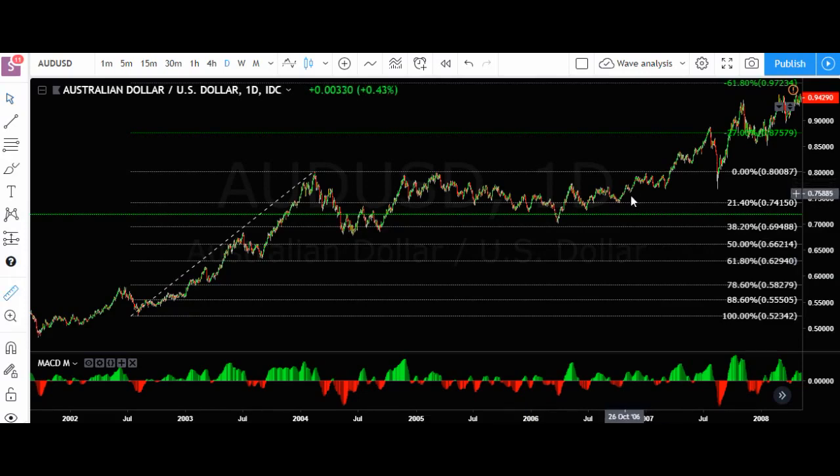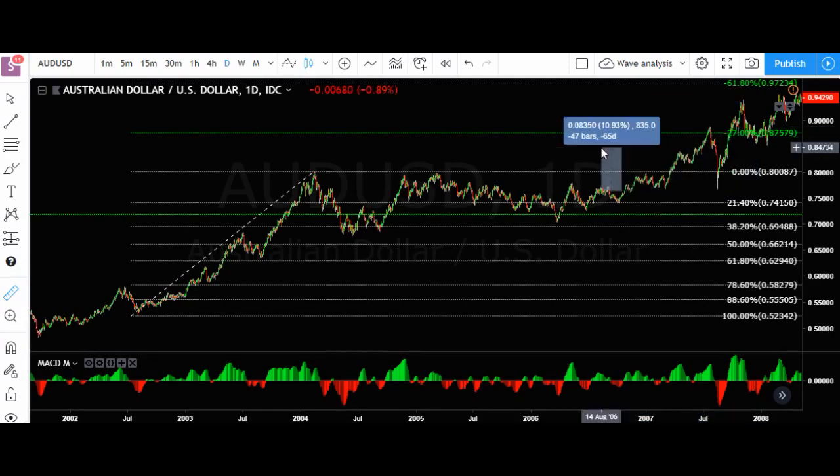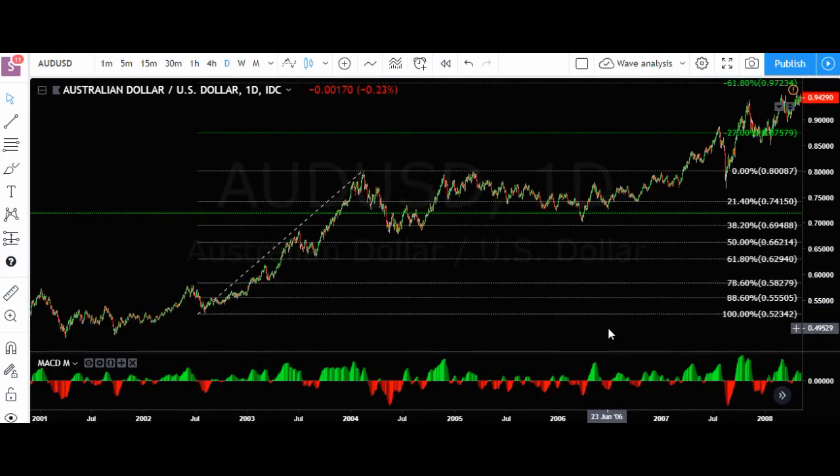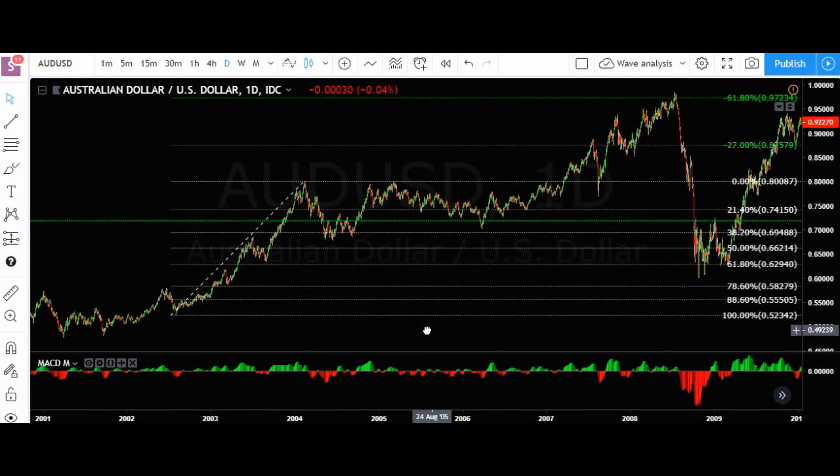So let's just see how many pips that was. I mean, I said we could have gotten in from there to there. Once again, 1,134 pips. So let's continue.